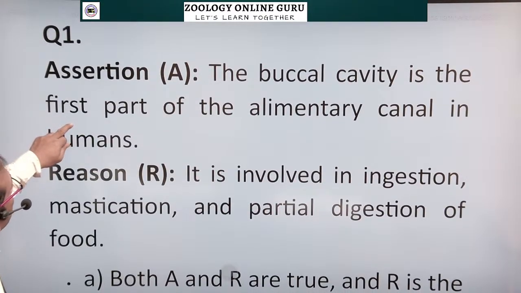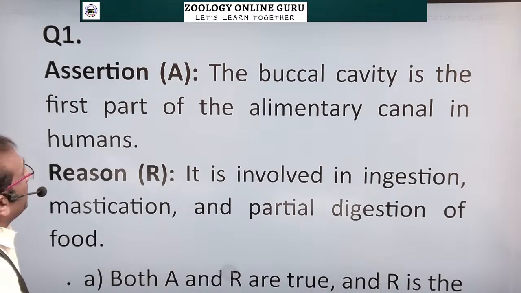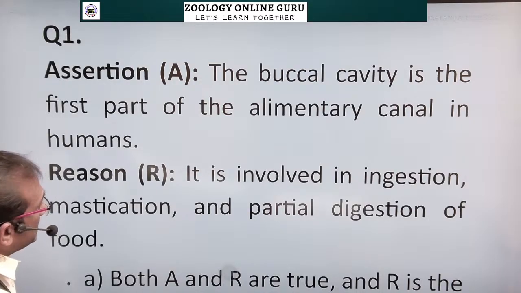Now the question pattern has changed. We enter into assertion and reasoning type questions. Assertion A: the buccal cavity is the first part of the alimentary canal in humans. Reason: because it is involved in ingestion, mastication, and partial digestion.